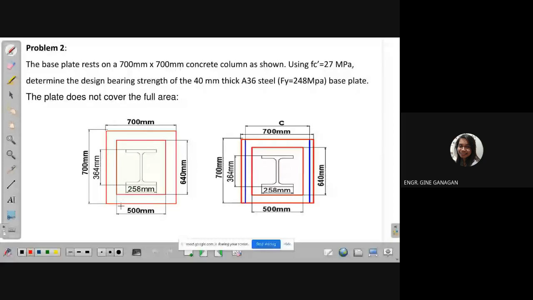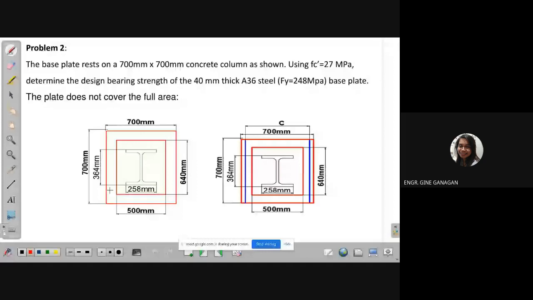The base plate rests on a 700 mm by 700 mm concrete column as shown. Using FC equals 27 MPa, determine the design bearing strength of the 40 mm thick A36 steel, Fy equals 248 MPa, base plate. The plate does not cover the full area.